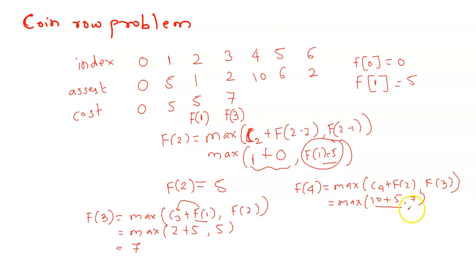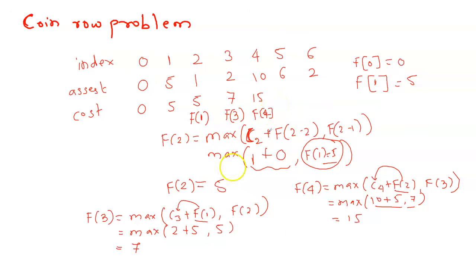So this is 15 comma 7, and the maximum is 15. So 15 is a new value. We got it from f2, but not only from f2, we also added C4. So it is a new value and I will write it as f4, because we haven't got it from any previous value.